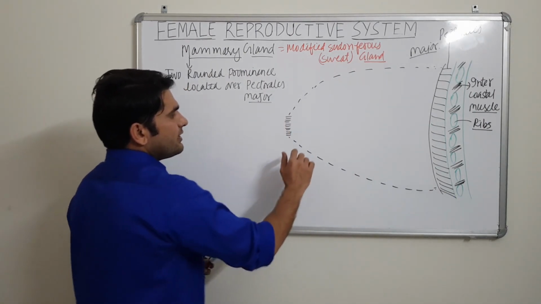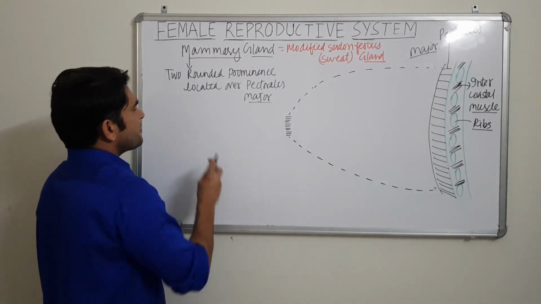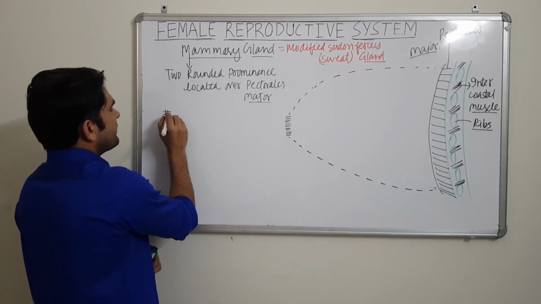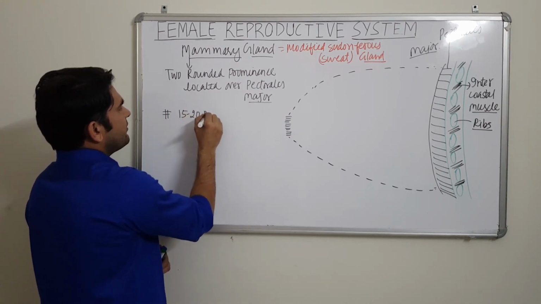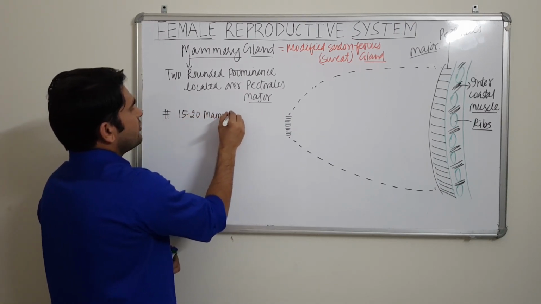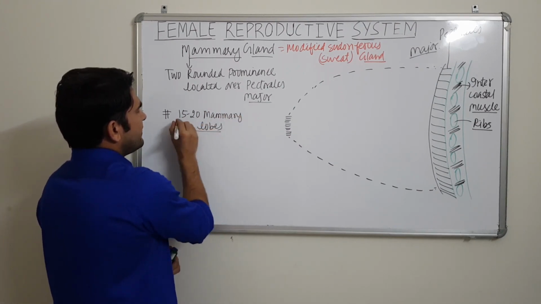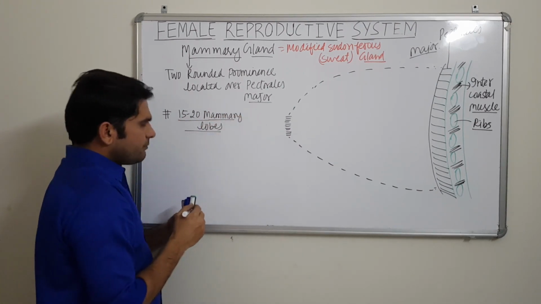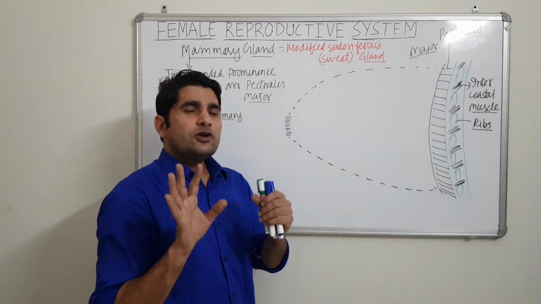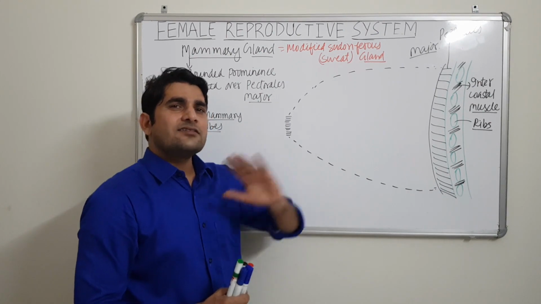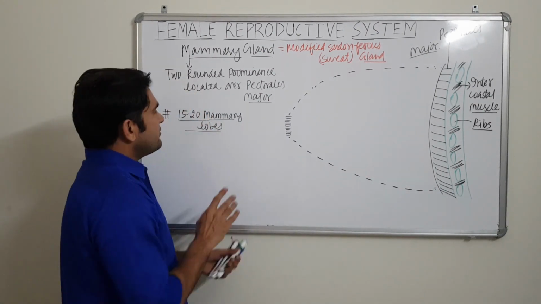Internally, when we go to the internal structure, the first thing, it consists of 15 to 20 mammary lobes. So the internal division of mammary gland is that there are about 15 to 20 mammary lobes present inside. Like testis was having how many lobules? 250 lobules. Exact number of mammary lobes in each mammary gland is 15 to 20.